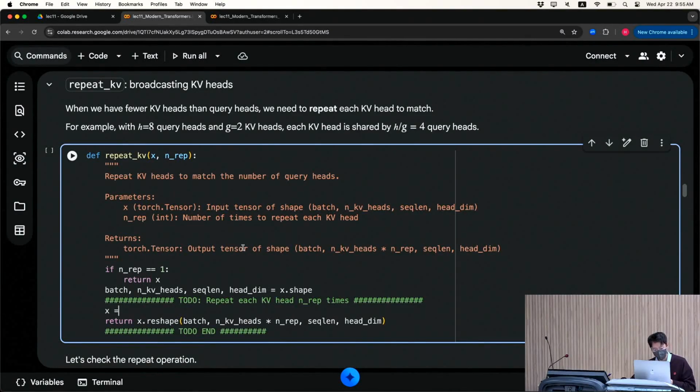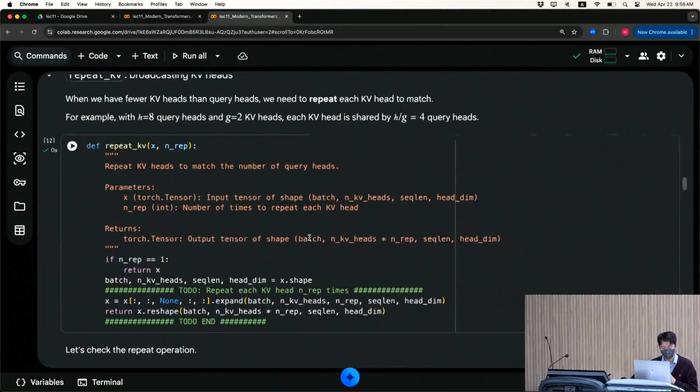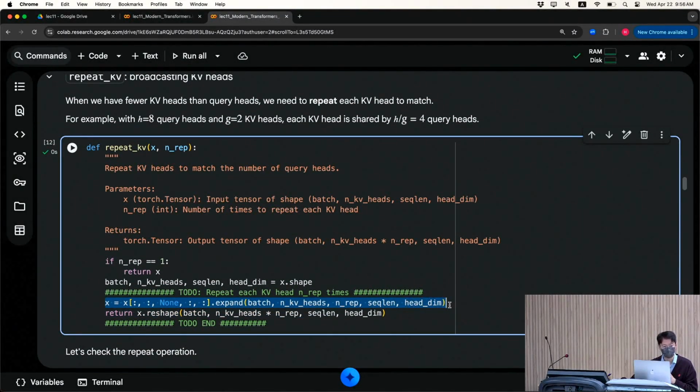In the interest of time, let's just do this together. This is a single line that you need to edit. You take your input X, and you can use this expand method.